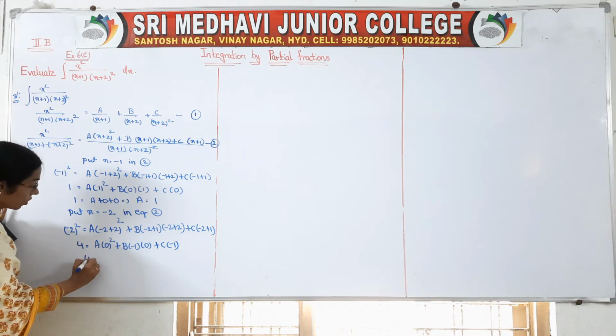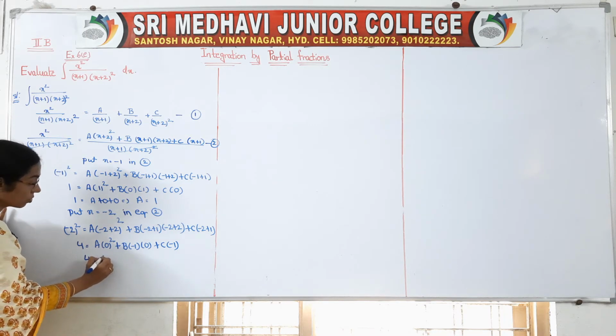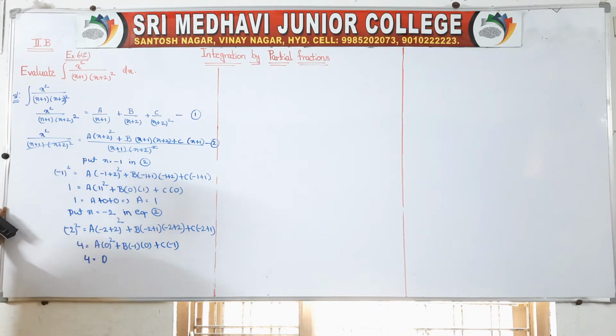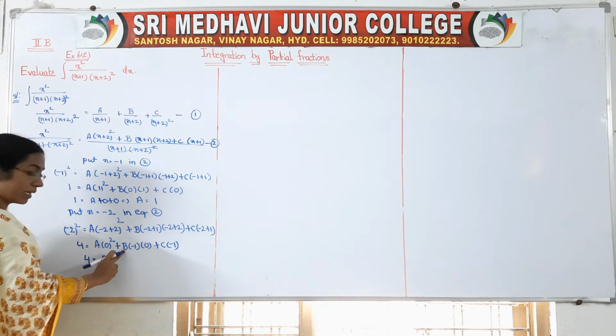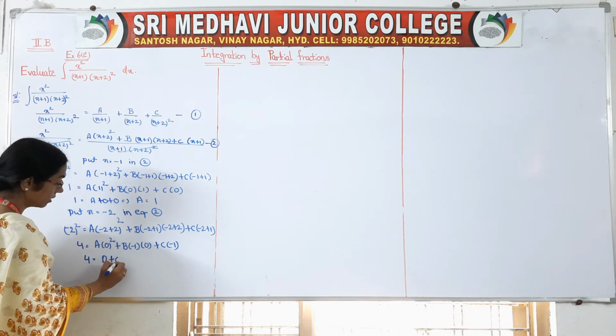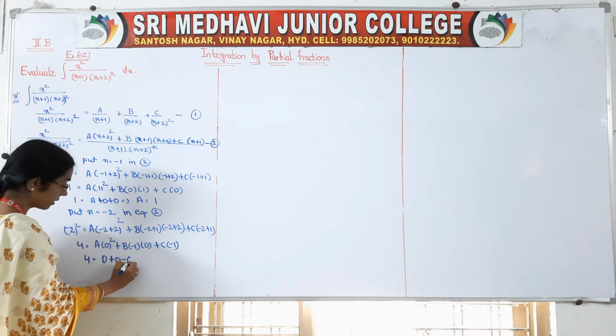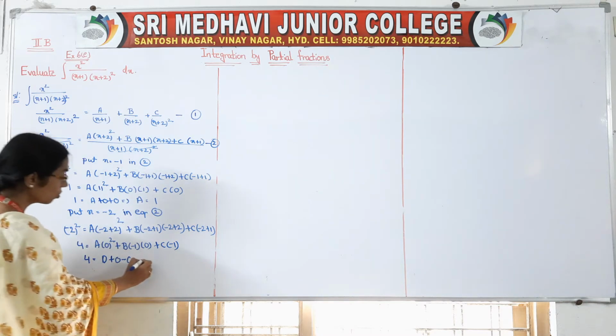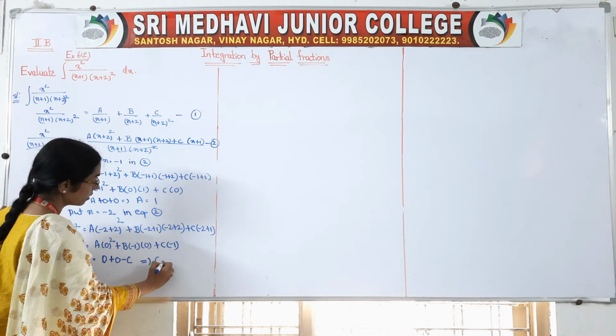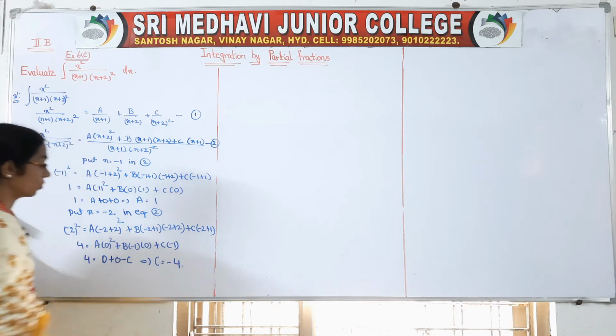So 4 is equal to A into 0, which is 0, minus C. So what is your C value? C is equal to minus 4.